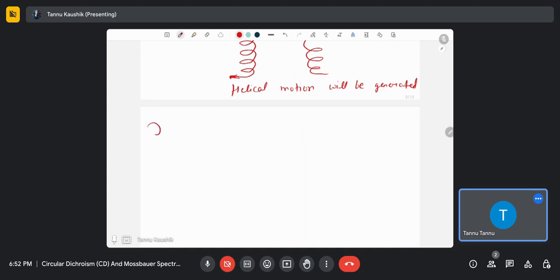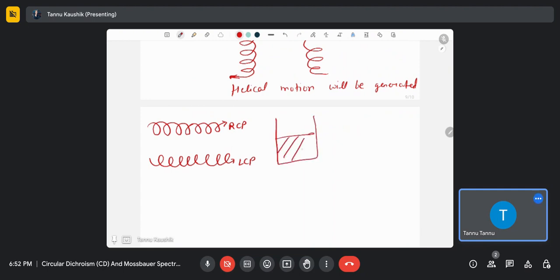So if we have right hand circularly polarized light moving in a helical motion, and left hand circularly polarized light, which is a mirror image of this right hand circularly polarized light but non superimposable, passed through a chiral sample which can detect this helical motion.